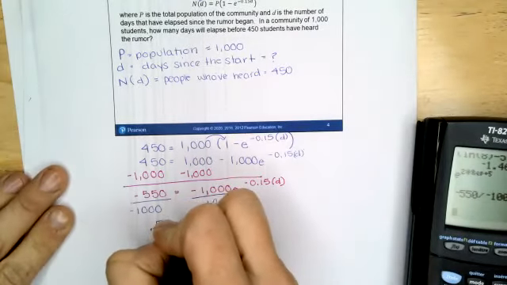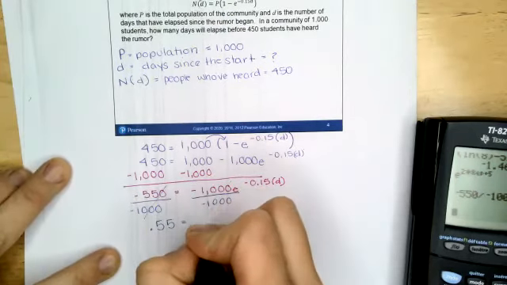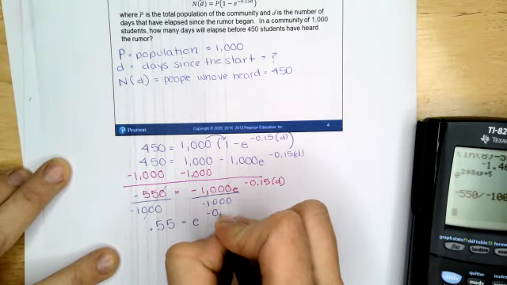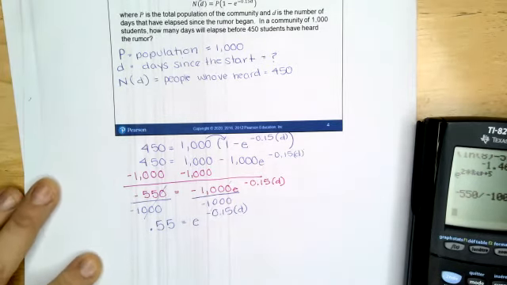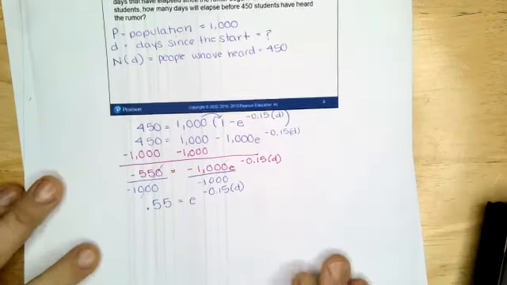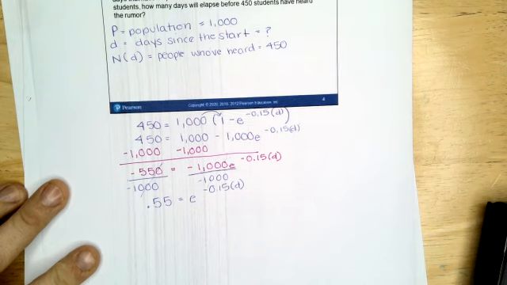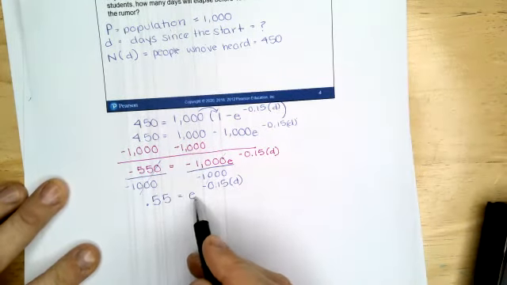Negative divided by negative is a positive, so we just have 0.55 is equal to e to the power of negative 0.15 times d. Good. All right. This is the simplified exponential equation. I got e alone because the exponent deals with e alone.